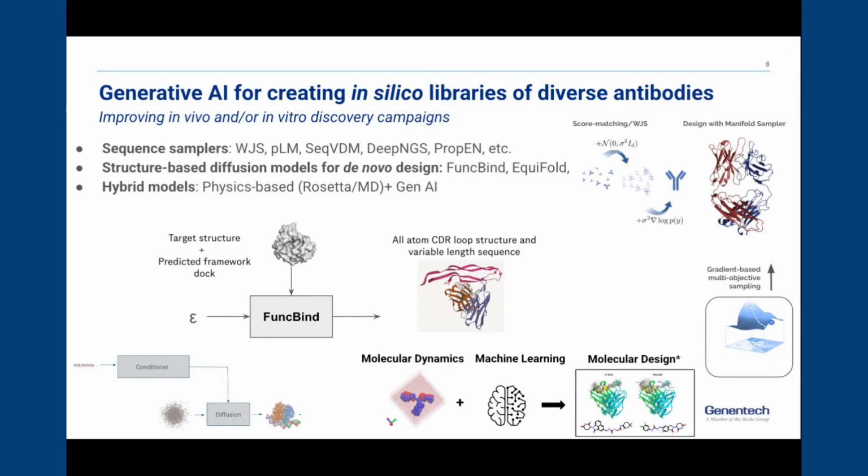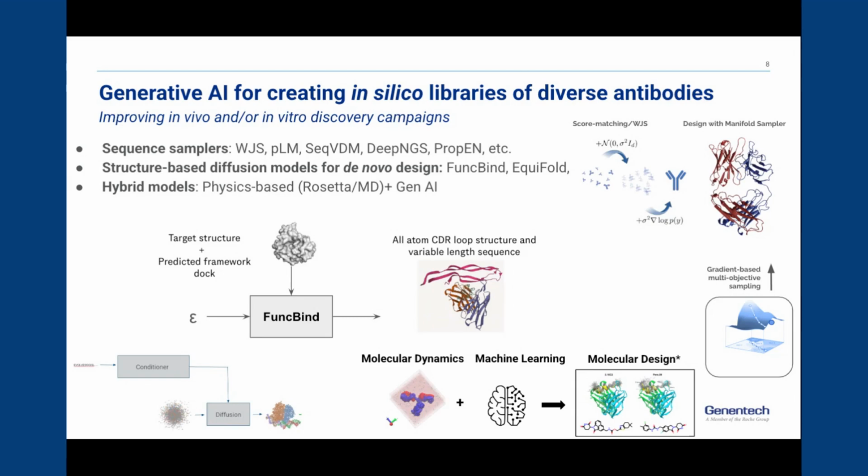Sometimes the models we use will be dictated by the project needs. We have a number of different generative models that can do unguided sampling, such as walk jump sampler, seq-PDM, or some protein language models, or guided multi-property optimization, such as a Lambo property enhancer and other methods as well.